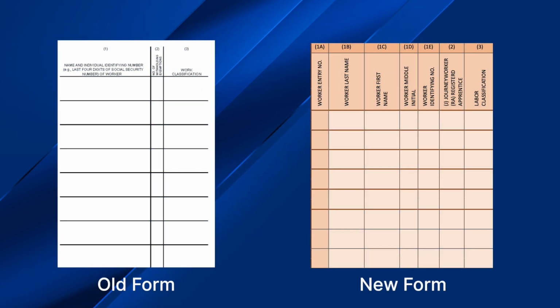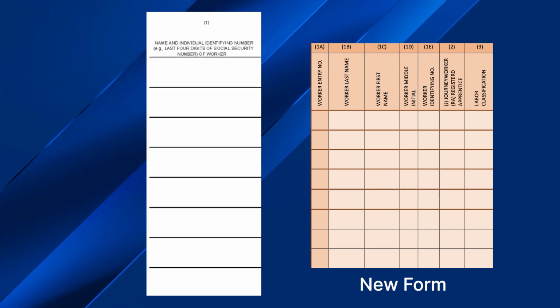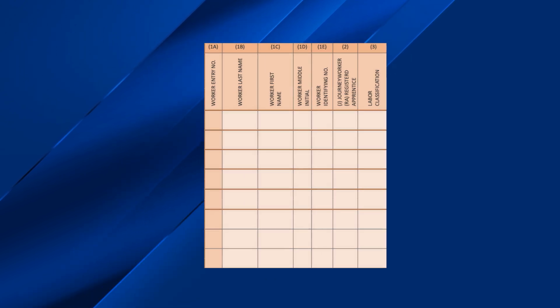Next is the employee information section. The information under column 1 of the old form has been broken out into separate columns of the new form. The number of withholding exemptions column from the old form was removed, and the journey worker and registered apprentice column and worker entry number columns were added.